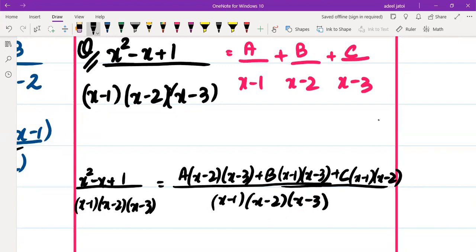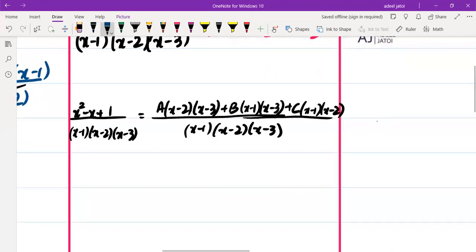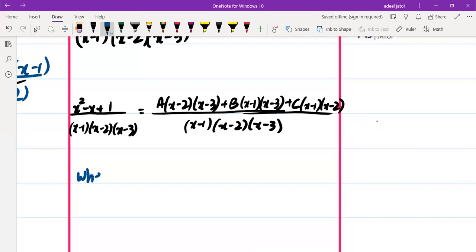So now you know all the three roots are linear. So taking the values when x is equal to 1, when x is equal to 2, and when x is equal to 3, all we need to do is substitute the values and then find the value of a, b, and c. Let's take when x is equal to 1.